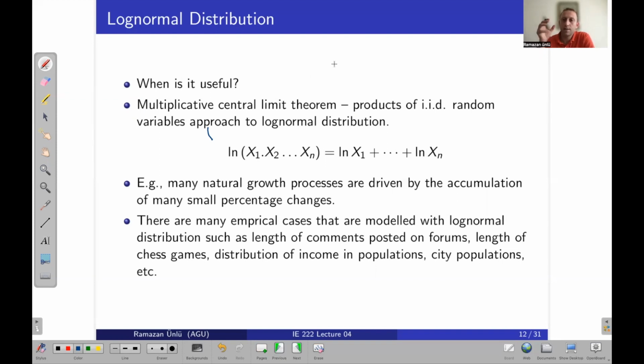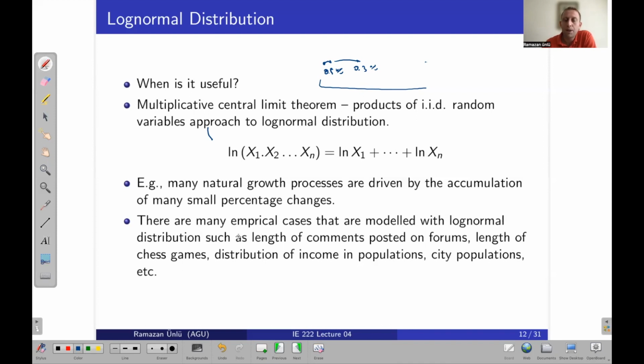In each step, you are improving your products by a small percentage, let's say 0.5 percent, and in another stage 0.3 percent. This whole process from the beginning to the final stage is the accumulation of small percentage improvements, right? So this kind of thing can be modeled by the log normal distribution.